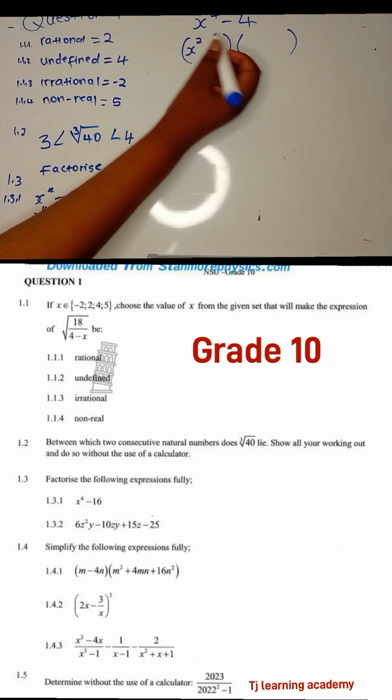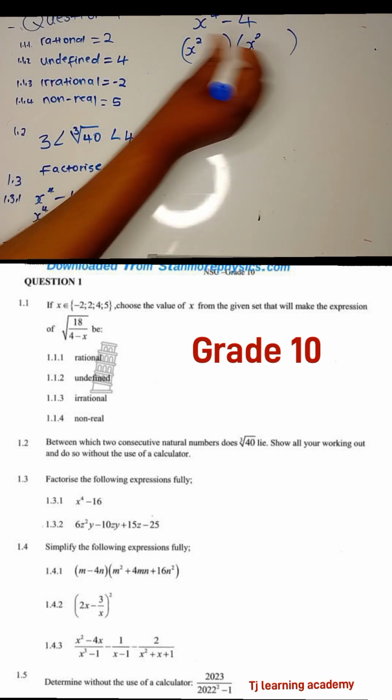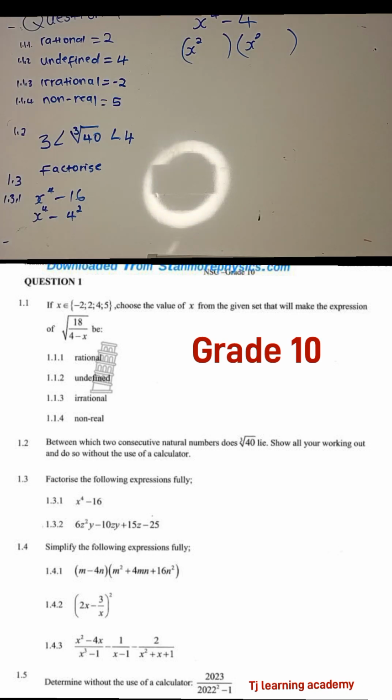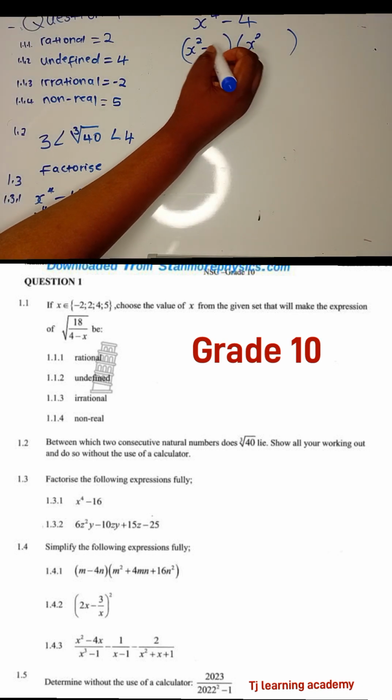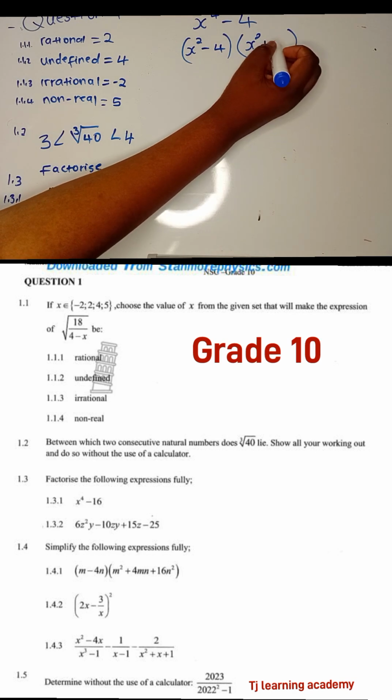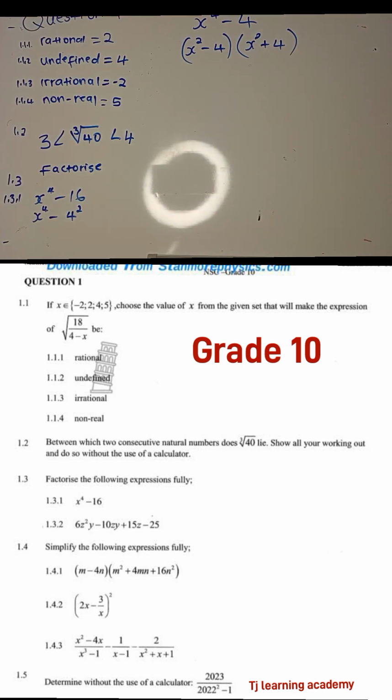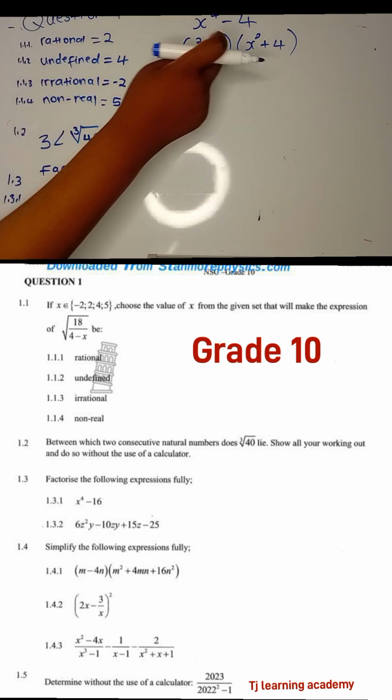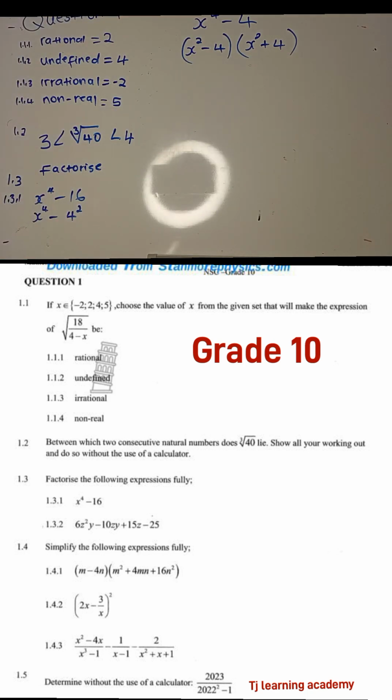In the first bracket I have x squared, because x squared times x squared is going to give me x to the exponent of 4. And in the first bracket I'll have minus 4, and then I'll have plus 4. Guys, you must be careful on this one. We are not done yet. This is still a difference of two squares, because 4 is a square number.